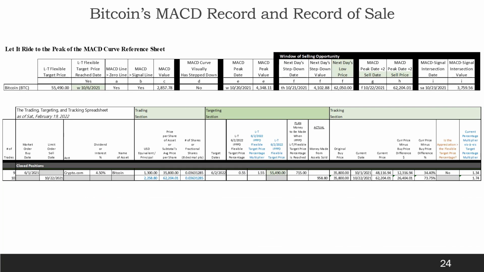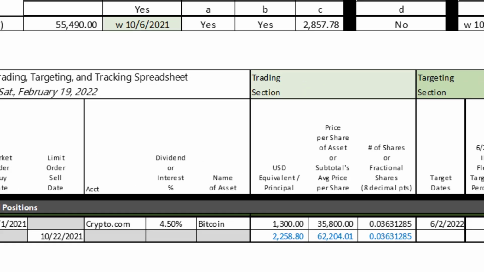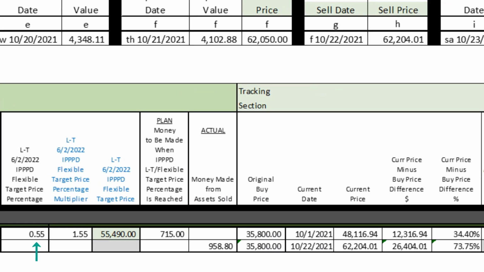Bitcoin's record of sale. Details of the sell trade have been brought down into the trading, targeting, and tracking spreadsheet. See the October 22nd Bitcoin sell trade. Instead of a 55% return, there was a 73.75% return.